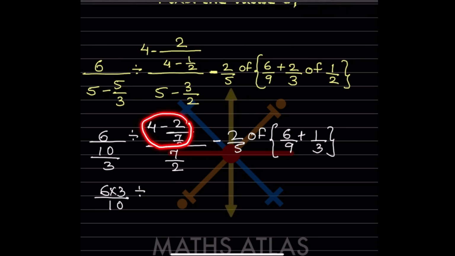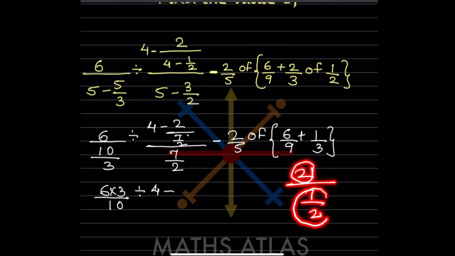So now what will you do here? Look at this part. From this one 4 will keep as it is, but we'll solve this first. So now let us write 4 as it is. And this one 2 divided by 7 by 2. So 2 is in the numerator and 7 by 2 is in the denominator. You should see what is in the numerator and what is in the denominator.